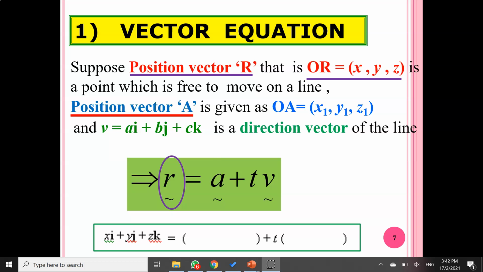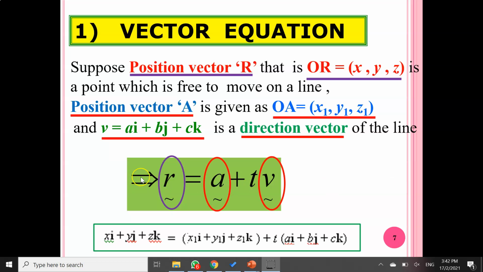For the vector equation, you can write it down using this formula: position vector r equal to position vector a plus tv. v is your direction vector over here. So you just need to memorize this formula, r equal to a plus tv. What is r?